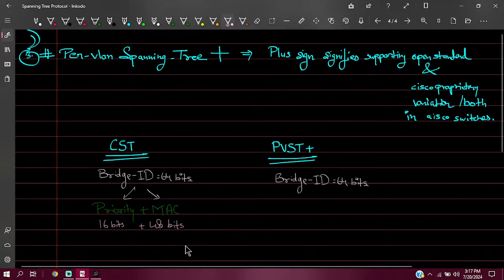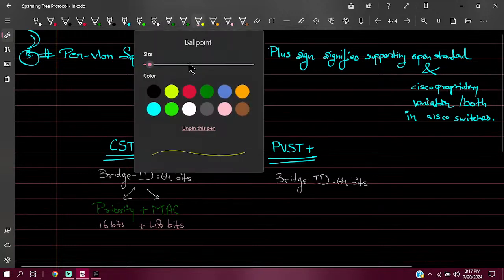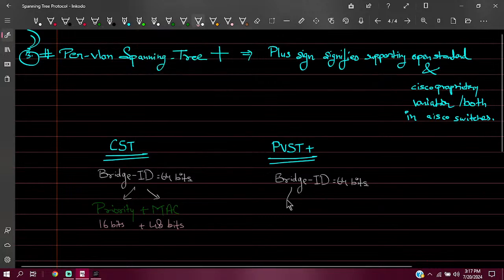This is the part where the change has taken place. अभी, in your PVST plus ब्रिज आईडी को दो हिस्सों में नहीं, तीन हिस्सों में ब्रेक डाउन किया गया है, where the initial two parts are the combination of your priority value only. पहले हमारा प्रायोरिटी वैल्यू जो 16 बिट का हुआ करता था, it has been broken down into two different parts.